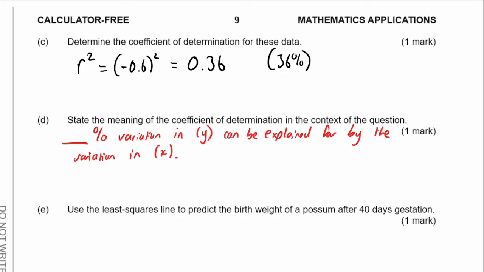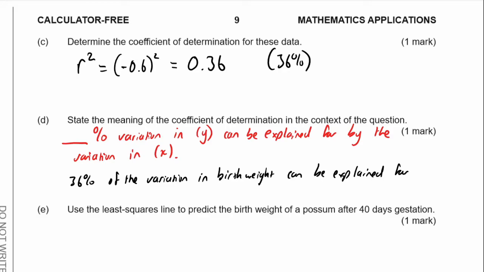So that's your standard response. So our response would be 36% of the variation in, and our y variable was the birth weight, can be explained by the variation in, and our x variable was the gestation period.